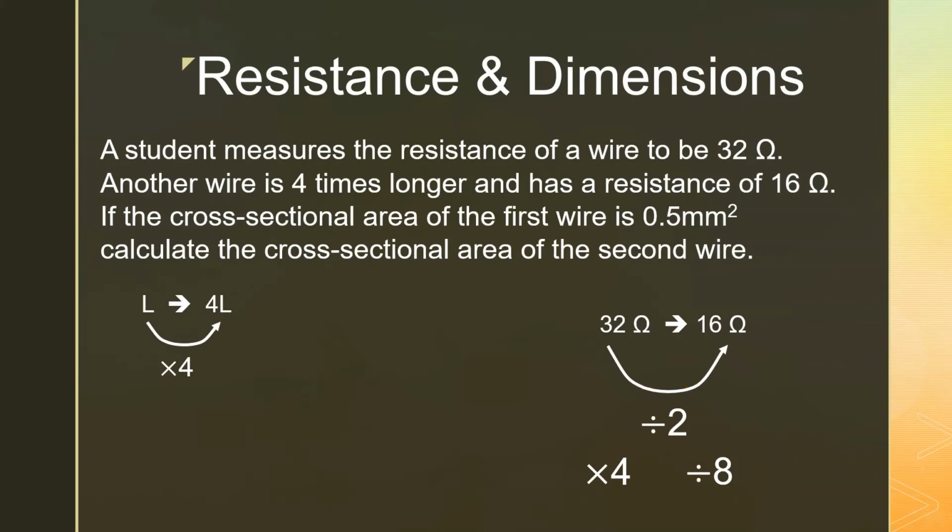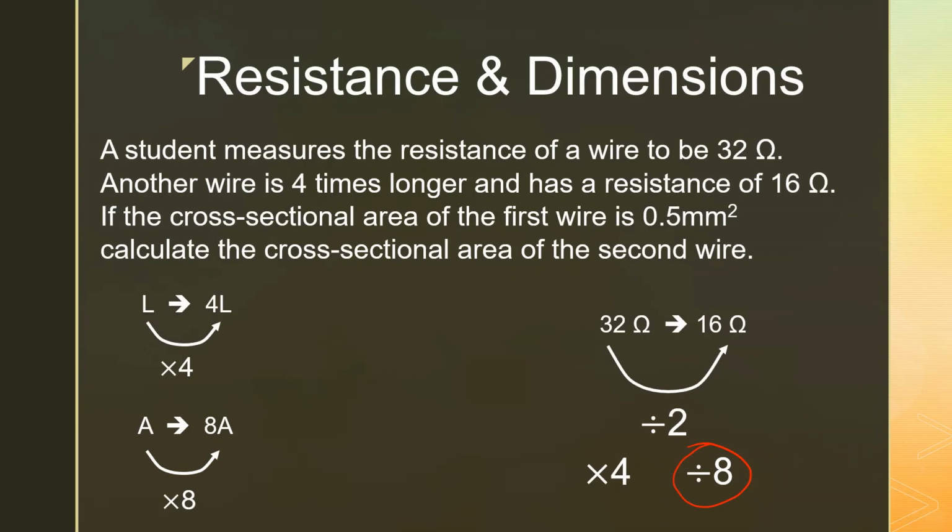So what kind of change to the cross-sectional area is going to result in this resistance decreasing by a factor of 8? Well, if I start with A, remember, because it's inversely proportional, if I want the resistance to go down by a factor of 8, I need to increase the cross-sectional area by a factor of 8.